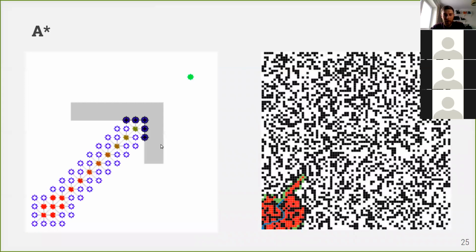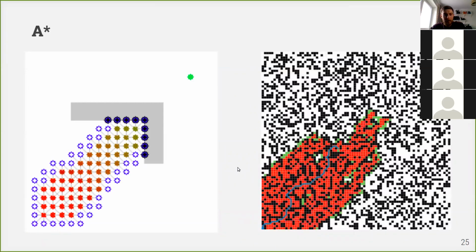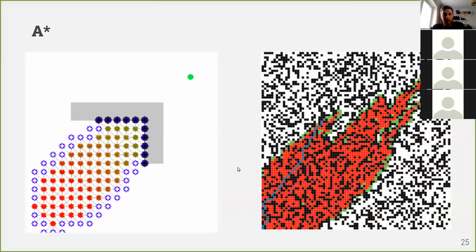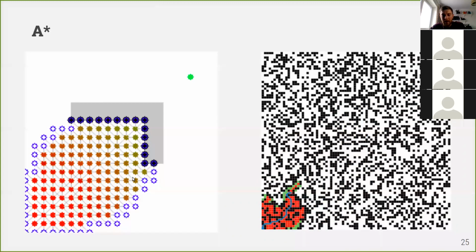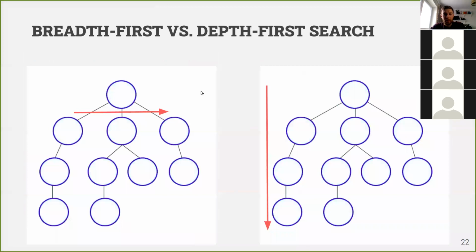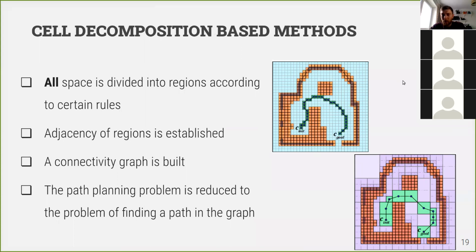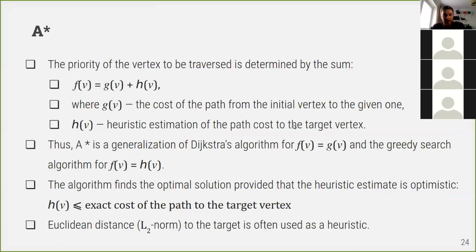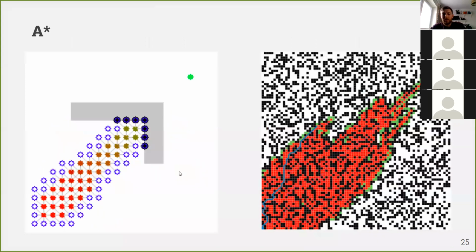There is an illustration of how it works. So you can see that A star is good and much better than algorithms of uninformed search, because to find its path, it doesn't consider all cells. If in breadth first search, we could possibly consider all the cells in the whole map to find the path, in A star we usually do not consider all cells before we find a path.